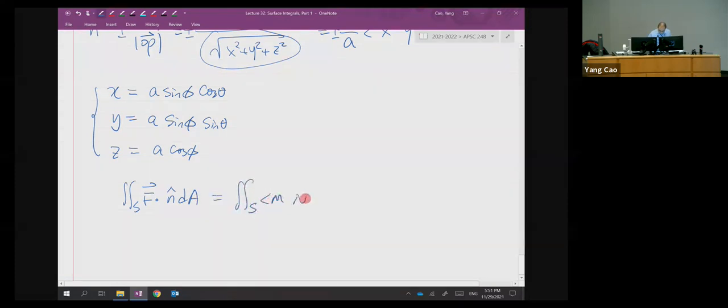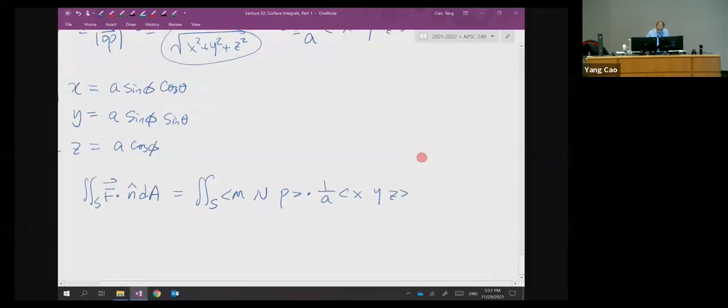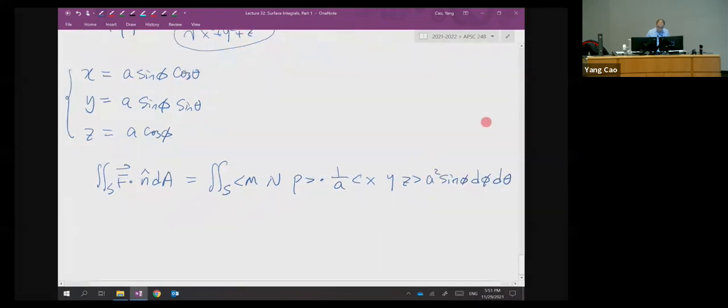Let's say F is a 3D vector M, N, P, and n hat is 1 over a times x, y, z, and dA is a squared sine phi d phi d theta. And you look at this expression here: M, originally, must be a function of x, y, z, so is N, and so is P.